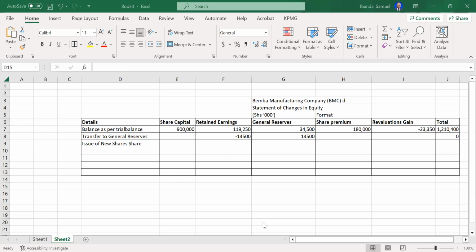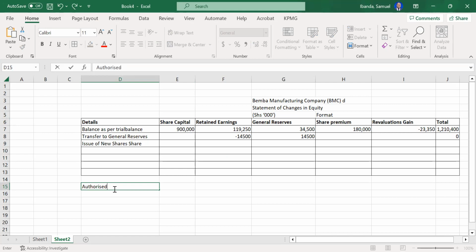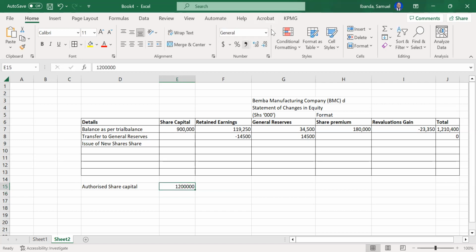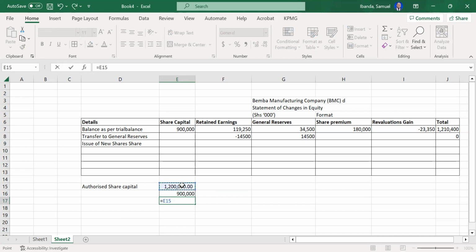So what we are going to do is we are saying that the authorized share capital as per the additional information is 1.2. And we have already issued 900. So this means that we're now going to look at the difference.